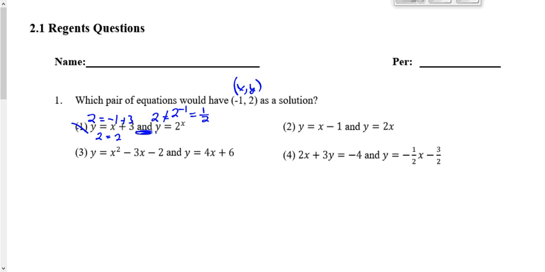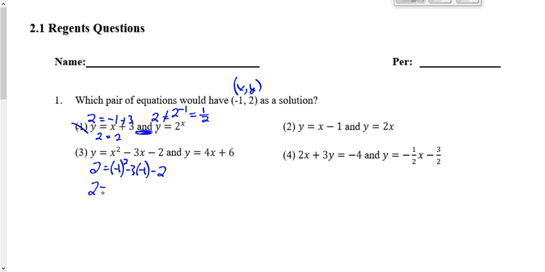So try this one here. It's negative 1 squared. Squaring means to multiply it by itself.